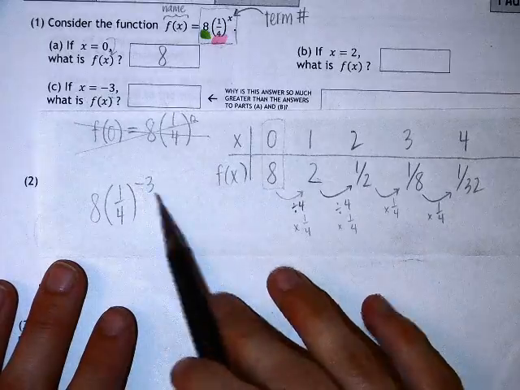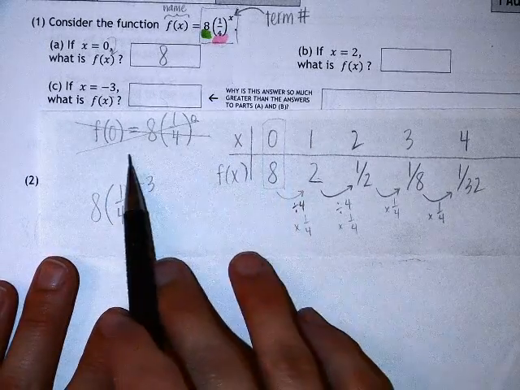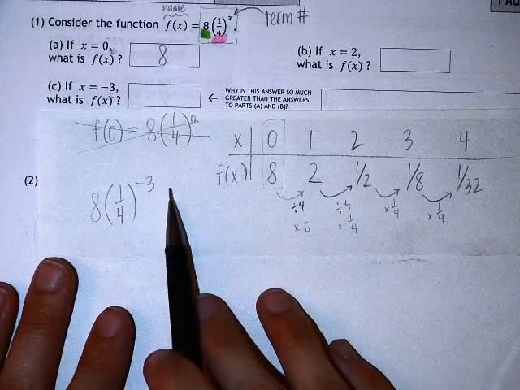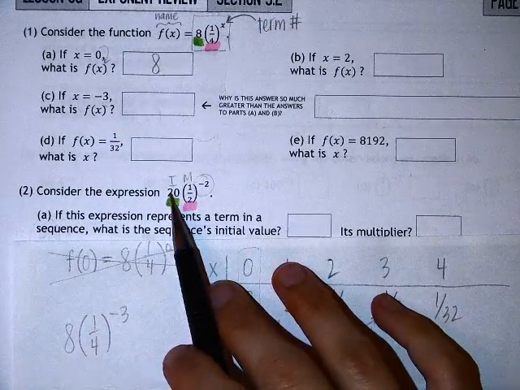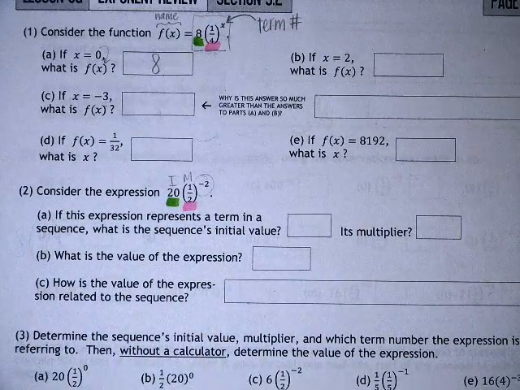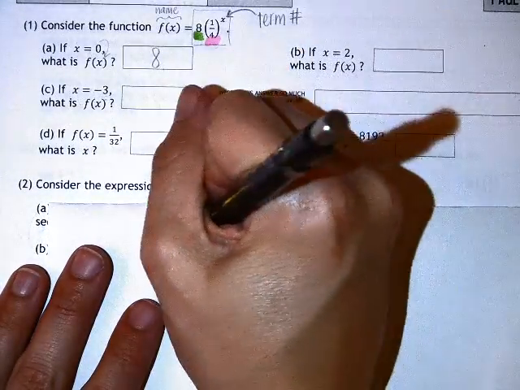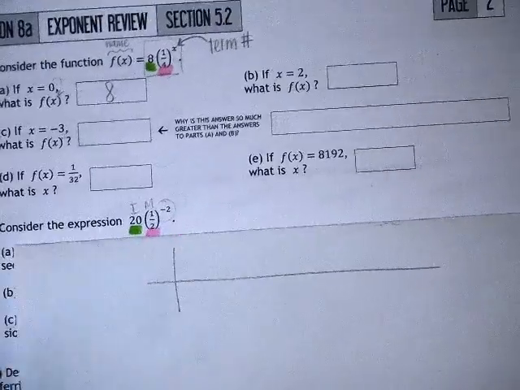But that's actually just saying, hey, go to the table, go to the -3rd term. So it's telling you where in the top row of the table to look for the value of the sequence in that spot. So now that I'm looking at this expression in question number 2, I'm seeing it as a table of values, a sequence, if you will, with an initial value of 20 and a multiplier of 1/2.